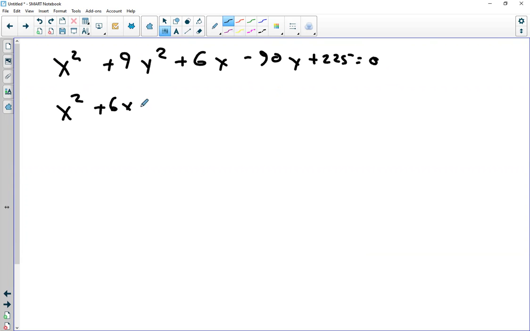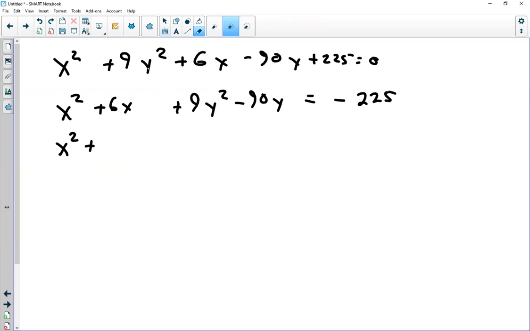I'll put parentheses here just to indicate that, but plus 9y squared minus 10y equals -225. Okay, I need the C value for X and I need the C value for Y.